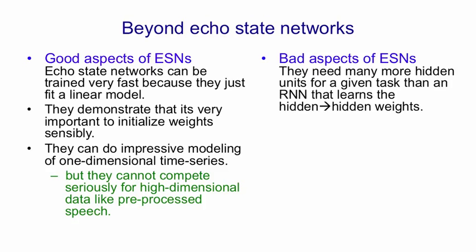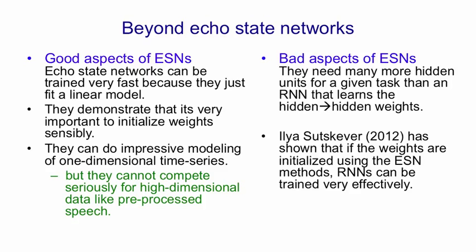In order to model data like that, they need many more hidden units than a recurrent neural network where you train the hidden-to-hidden connections. Recently, Ilya Sutskever tried something which is fairly obvious, which is to initialize a recurrent neural network using all the tricks developed by the people doing echo state networks. Once you've done that, you know you could learn quite well just by learning the hidden-to-output connections.